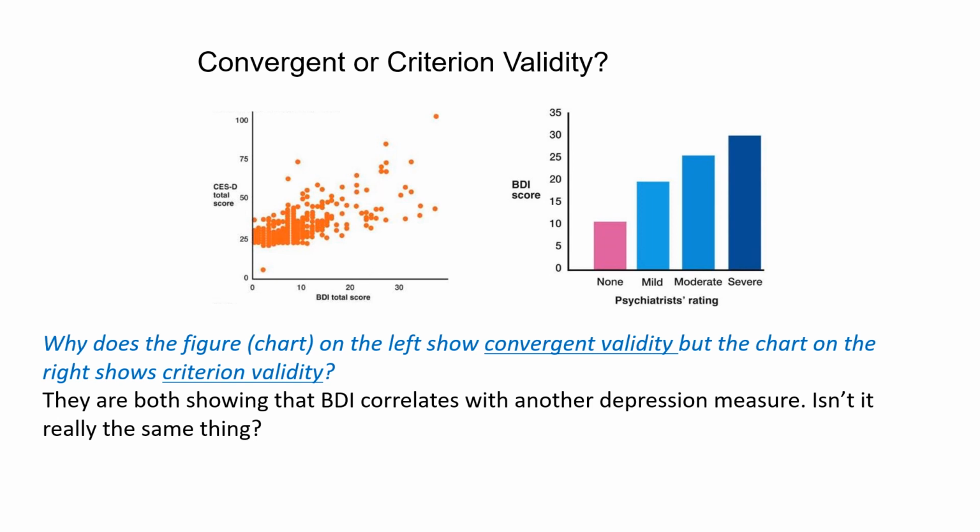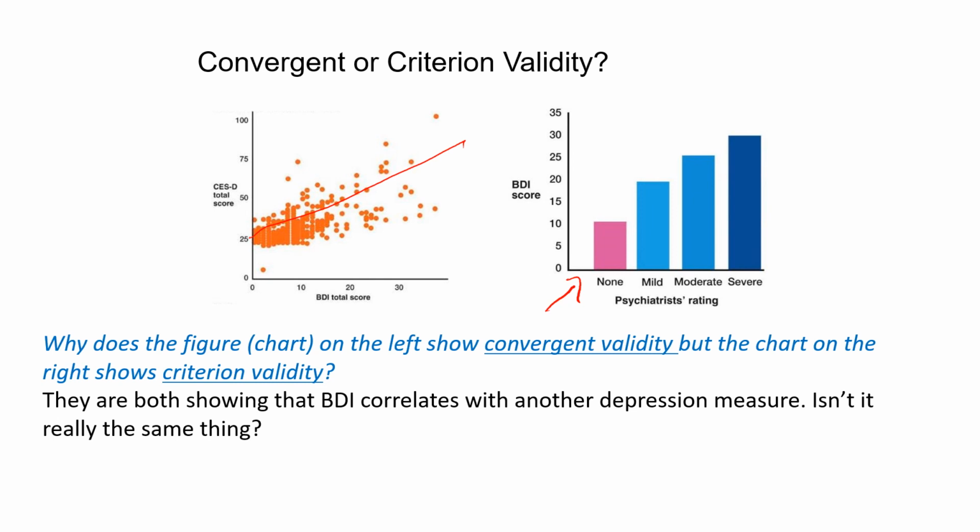No, it's not. This one here is showing that it measures similar to another measure of depression, and it's got that correlation. This one over here is showing it against the gold standard of what depression is. That's a psychiatrist rating.